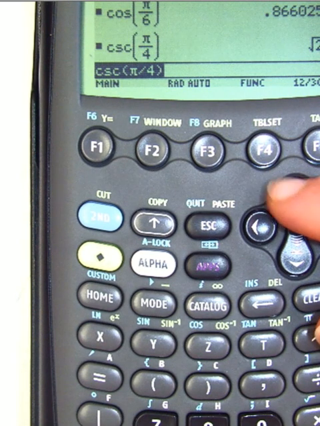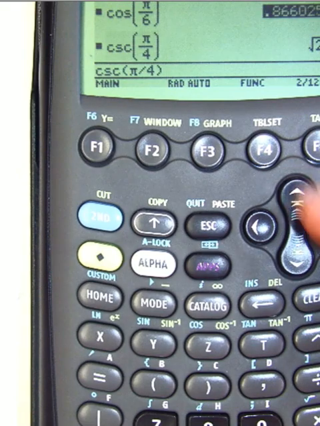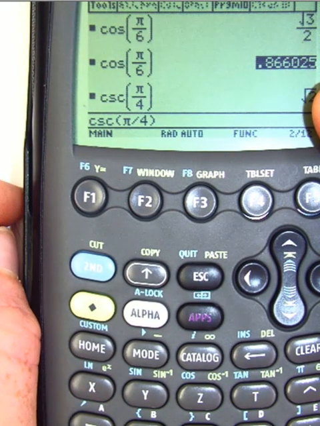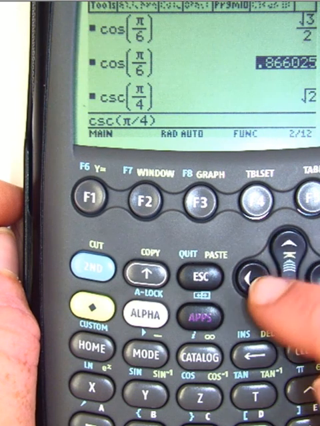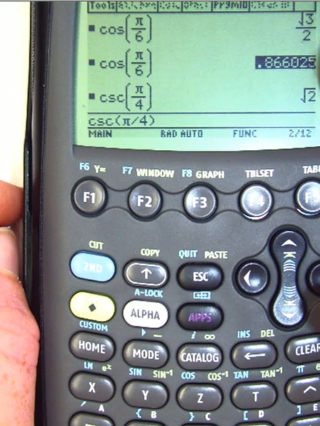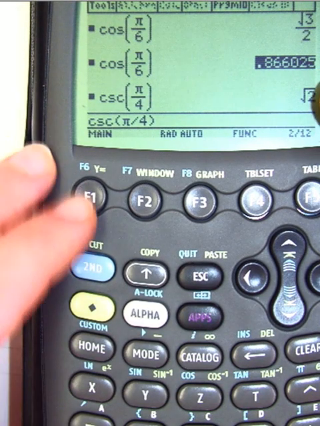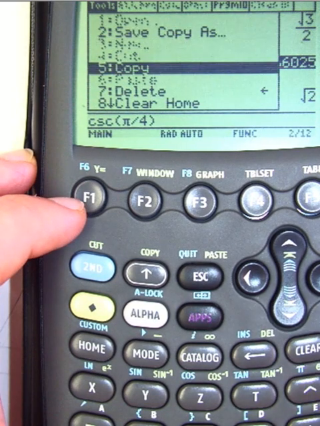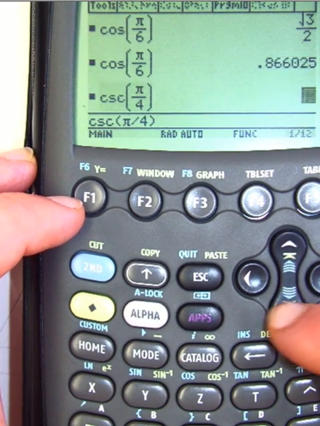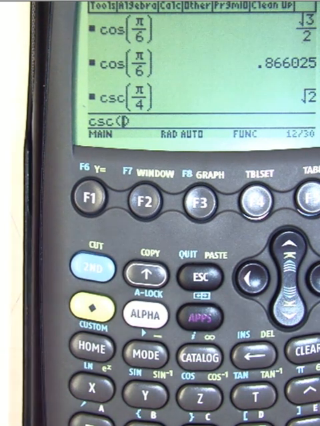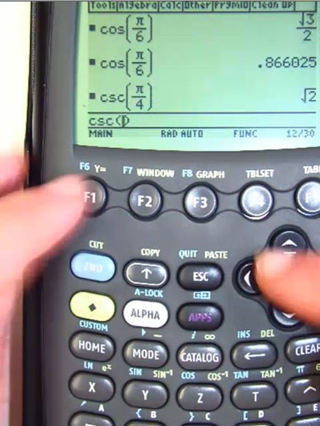Now, say that I needed to use this decimal value right up here. Instead of having to type it back in, you can use your arrow to arrow up to that value. And remember how I told you you could copy and paste? I can do F1, copy, and I go back down here where I was typing something in, say for whatever reason I wanted to find the cosecant of that value.